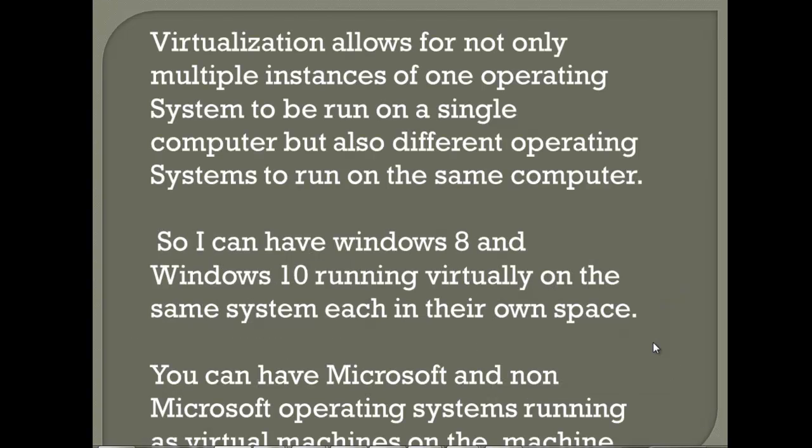Virtualization allows us to not only run multiple instances of the same operating system on a single computer, but also to run different operating systems on that same computer. So for example, I can have Windows 8 and Windows 10 running virtually on the same machine, but each independently in their own space.